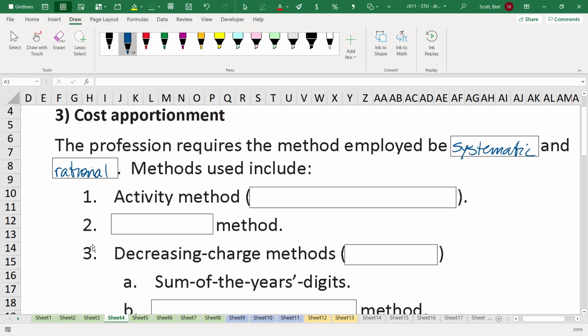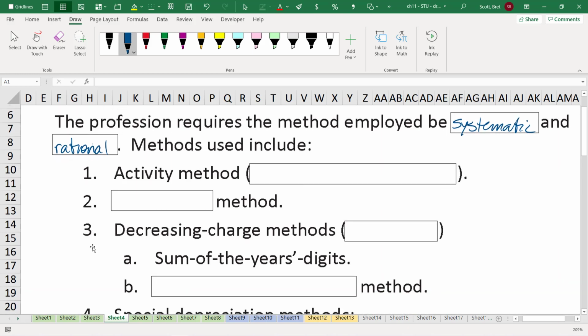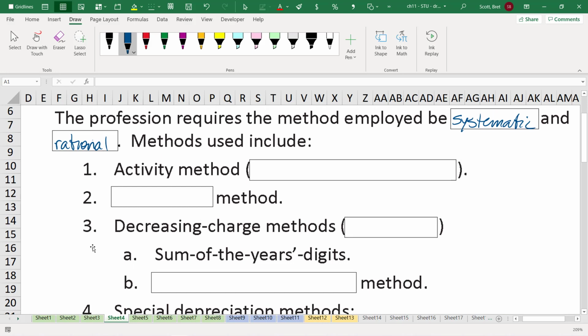There are three methods I want you to focus on. The first one is an activity method, which is going to be units of production, otherwise known as UOP. Mileage would be a big one.